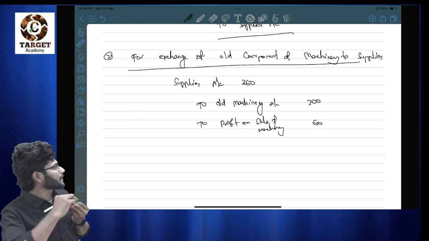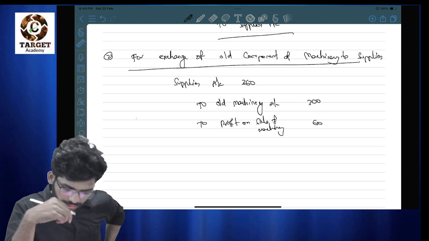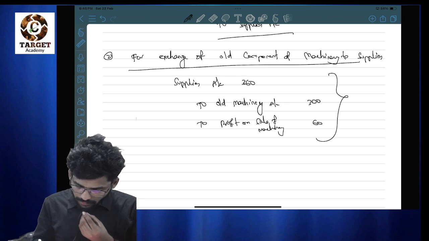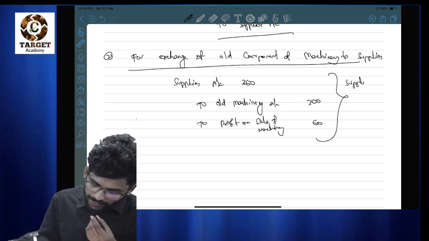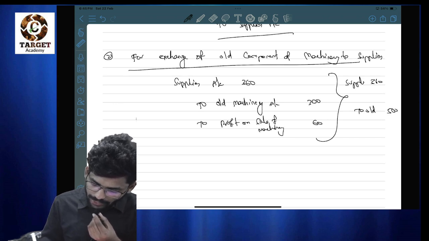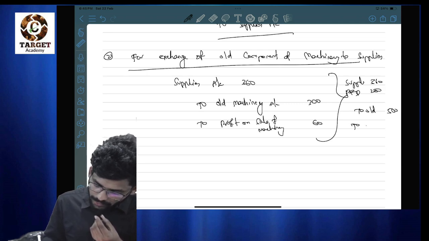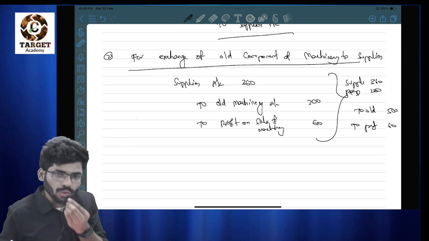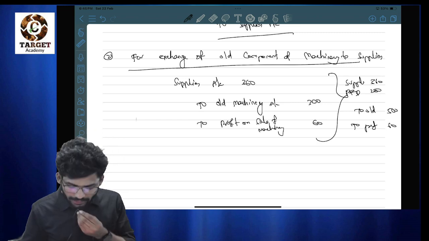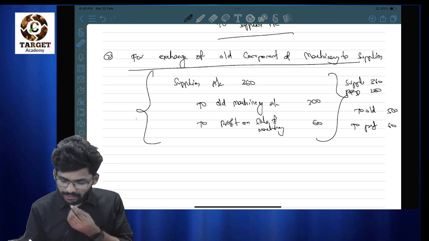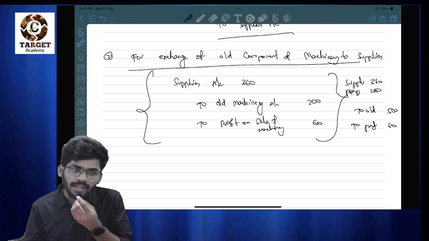Here, if you want, you can write it another way. What is the entry? Supplier account debit 360, to old machinery 500, provision for depreciation 200, to profit 60. We can write this also. In the earlier case, I took the carrying amount directly. In this case, I have taken the original amount as well as the provision amount.